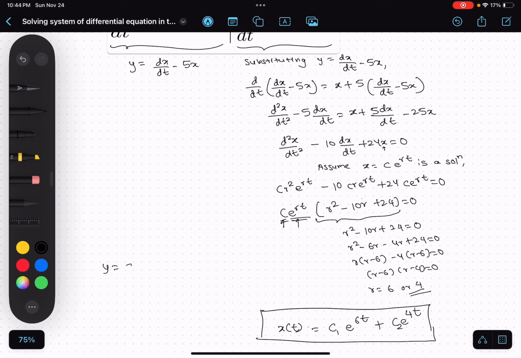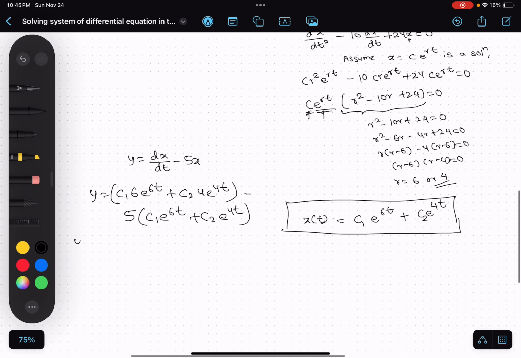Y is just dx by dt minus 5x. We know that x is this solution over here. So y will just be c1 times 6 e to the power 6t, that comes in front, plus c2 times 4 e to the power 4t, that's the derivative, minus 5 times c1 e to the power 6t plus c2 e to the power 4t, right?